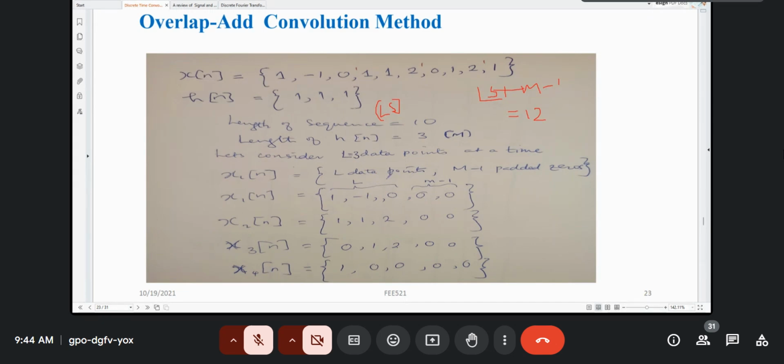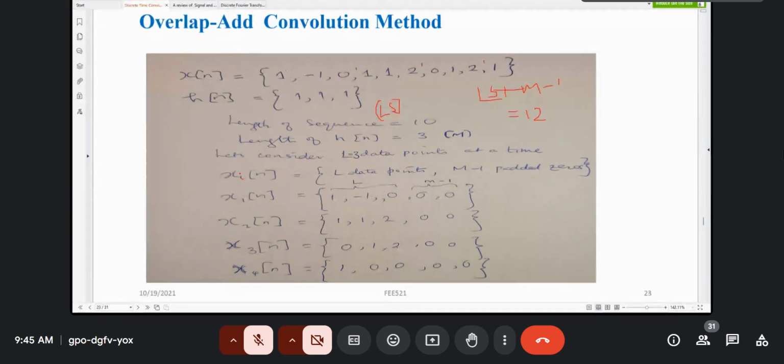So there you are. This is xi of n. This is a general one. xi of n is just L data points and M minus 1 zeros. So x1 of n is 1, minus 1, 0.